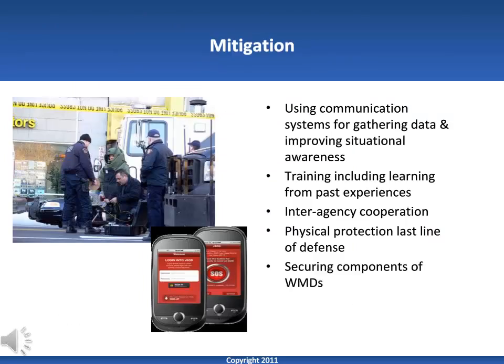What are some mitigation strategies that we might look at in risk management when we look at the threats that we've talked about? Well, using communication systems to gather data and improve situational awareness. Intelligence gathering is important.